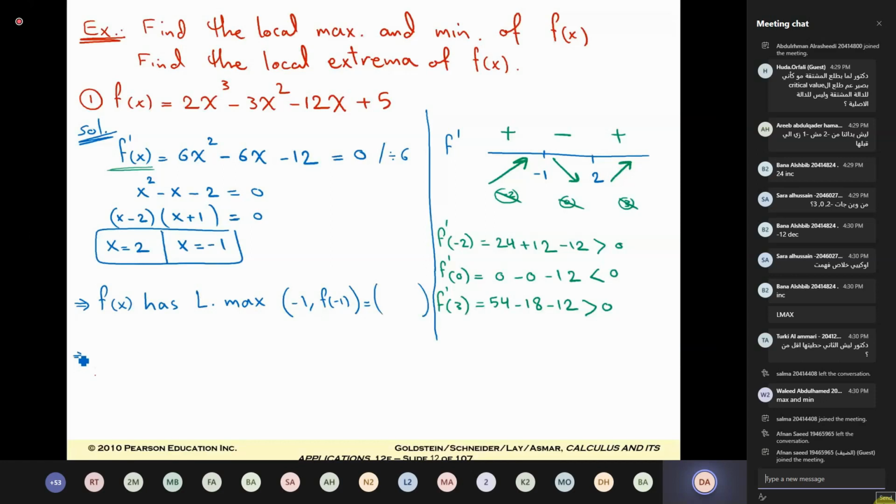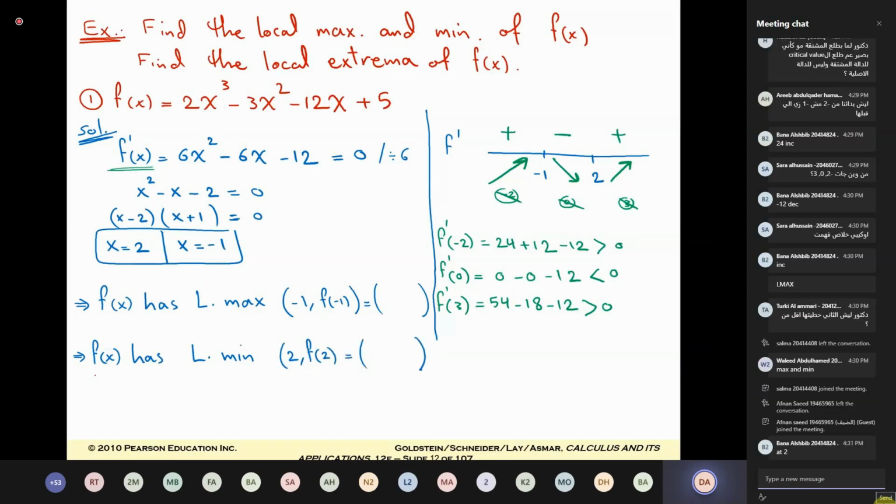And f(x) has a local minimum at 2, and we need to find f of 2, this point of f of x.